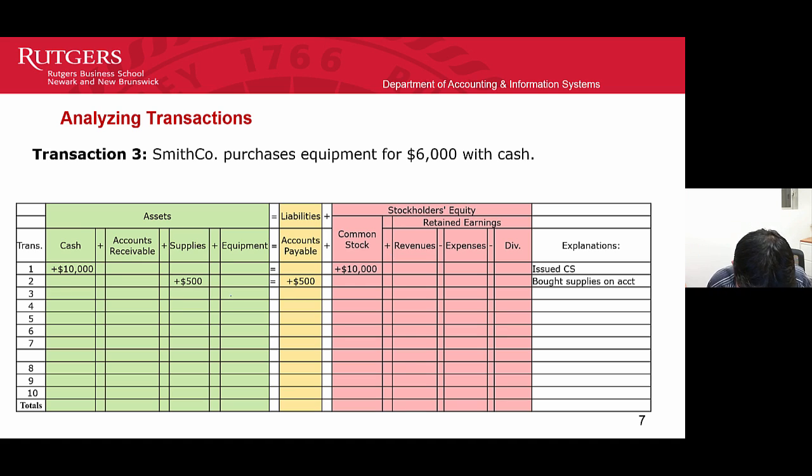So in this case, we have plus $6,000 for equipment and minus $6,000 for cash. And as you can see, the liabilities and stockholders' equity side, the right side of the equation, was not affected. So we had an increase in one asset and a decrease in the second one.